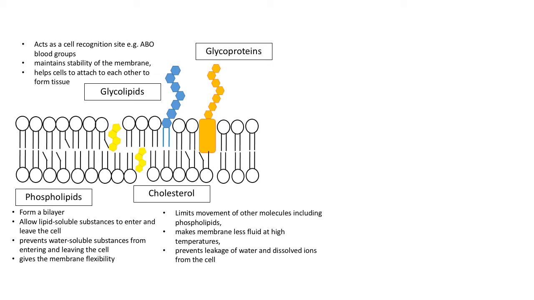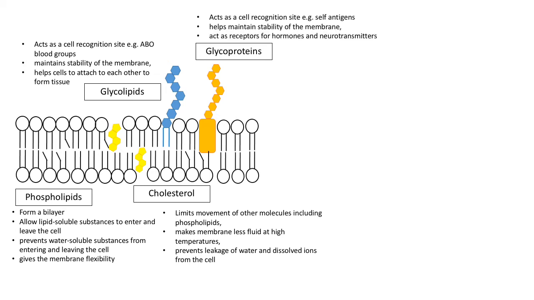And then again, the carbohydrate, as with the glycolipid, is outside. It's hydrophilic, so it's in the water portion of the surrounding solution. And the function of glycoproteins, so hopefully you recognise one important function from the immune system topic, self-antigens.